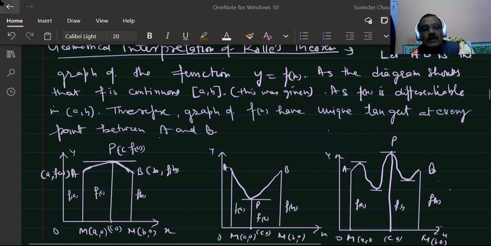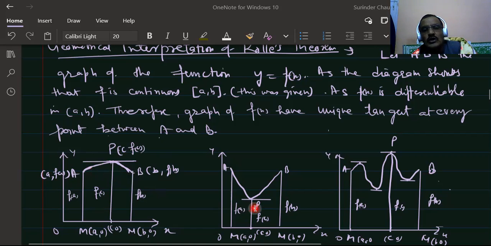Now let's see the graph. Suppose this is the graph of a function from a to b. Differentiable means that at every point between a and b, excluding a and b, this function has a unique tangent. So the tangent will be unique.